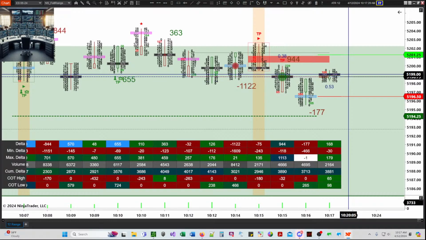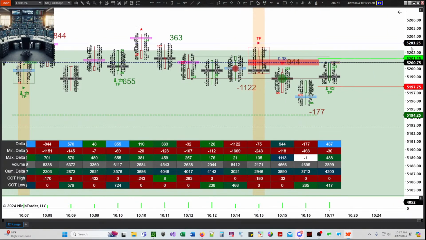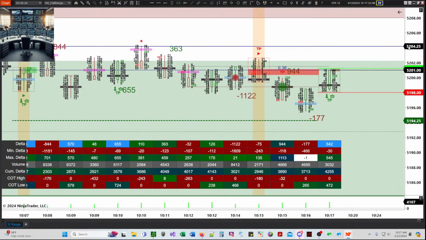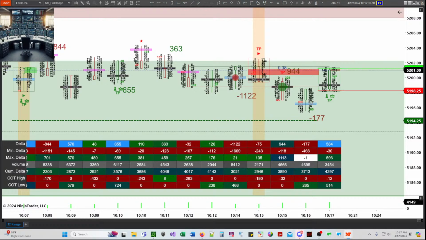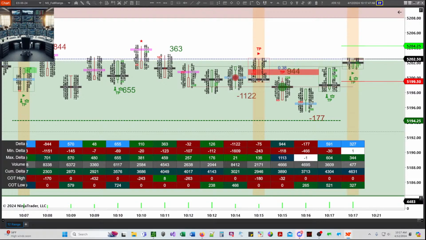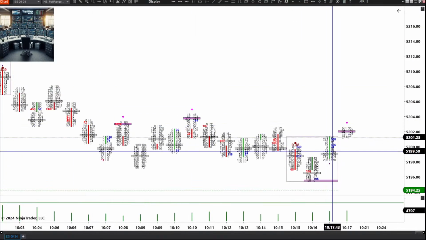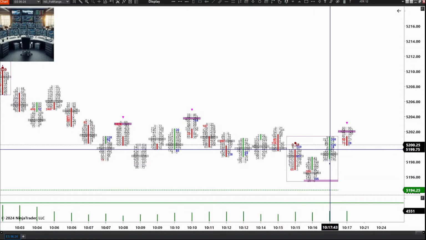Got a prominent POC here. And it turns around and goes back up into the range. Got a POC wave, like I said. No alerts or anything. You got to be looking at the screen forever. Got a POC wave to the upside.